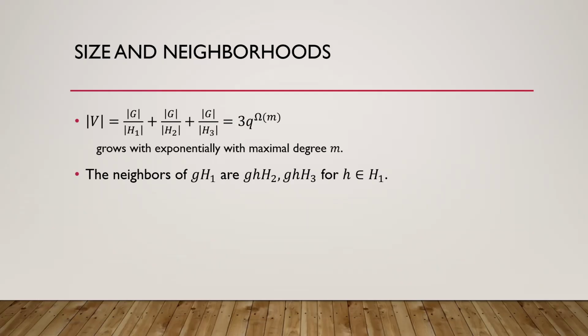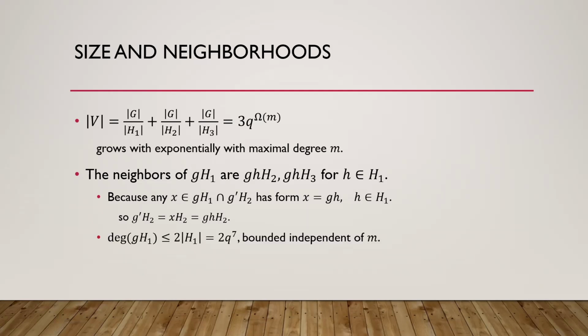This follows almost immediately from the definition, because if we have some element inside the intersection of GH1 and G prime, say H2, then just because it's in GH1, I can write this element as some G times some little h in H1. And so this G prime is also the coset of GH2.